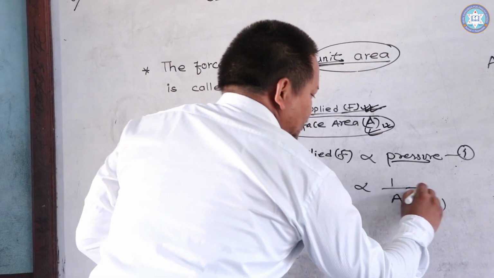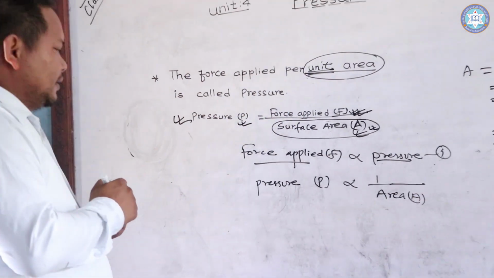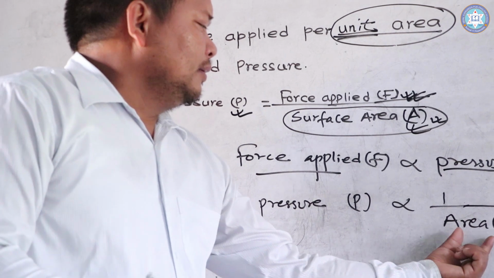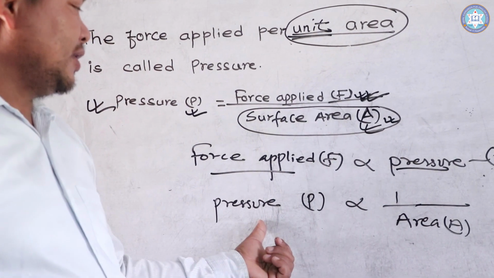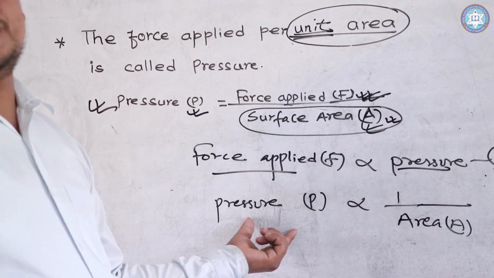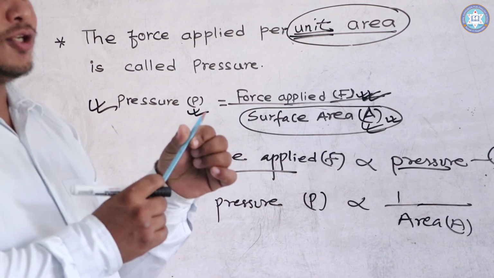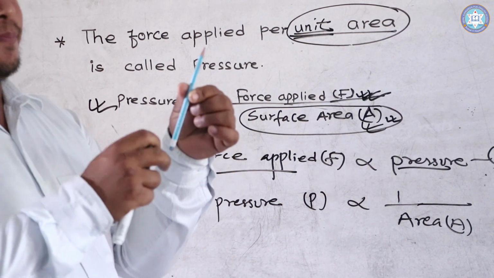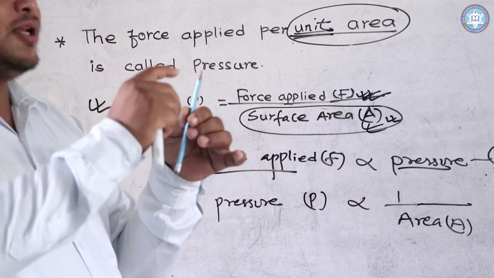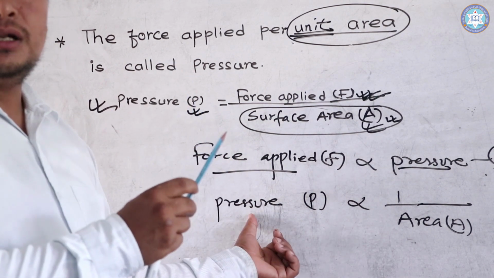Inversely proportional means more area, less pressure; less area, more pressure. Here also at the top of the pencil there is less area, so it creates more pressure.